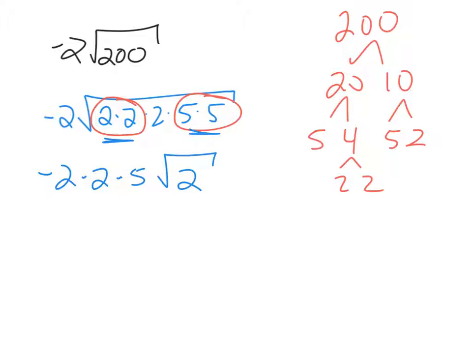So every group that you can circle comes out as one thing, right? So we had that 2 2s that came out. 2 5s came out. That negative 2 is just part of the problem at the beginning. All right, so you do want to multiply these together. So that's negative 20 square root of 2. Is that okay?